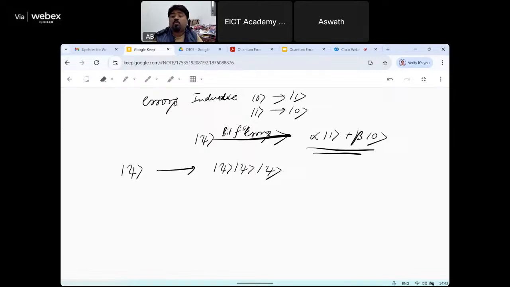The other two qubits may remain intact if that is the situation. Remember, in that case, I can see the other two were intact, and I can find out the actual state. But the problem is cloning is absolutely not possible in quantum computing.